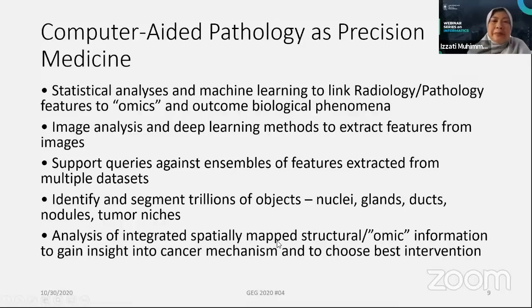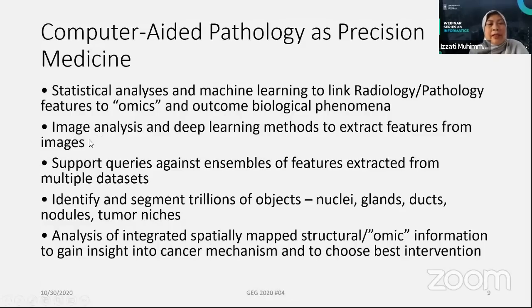What does it mean? It means that using the digital images of the pathology cell, we can use statistical analysis and machine learning to link with the data. And then we will have integrated analysis of the data.